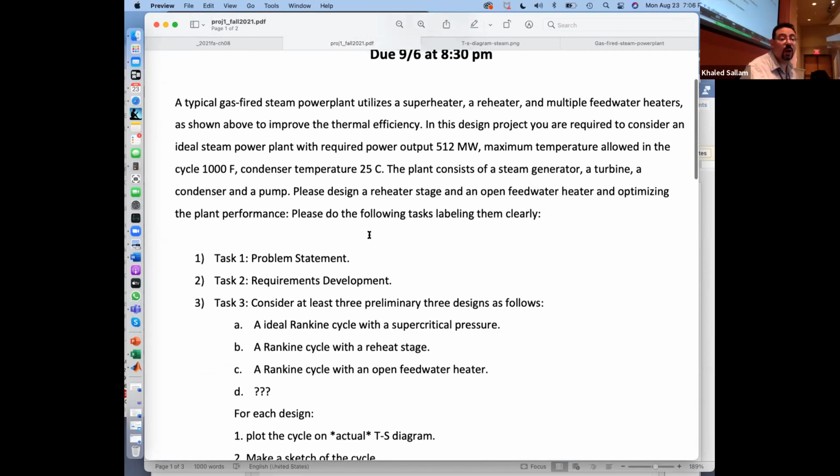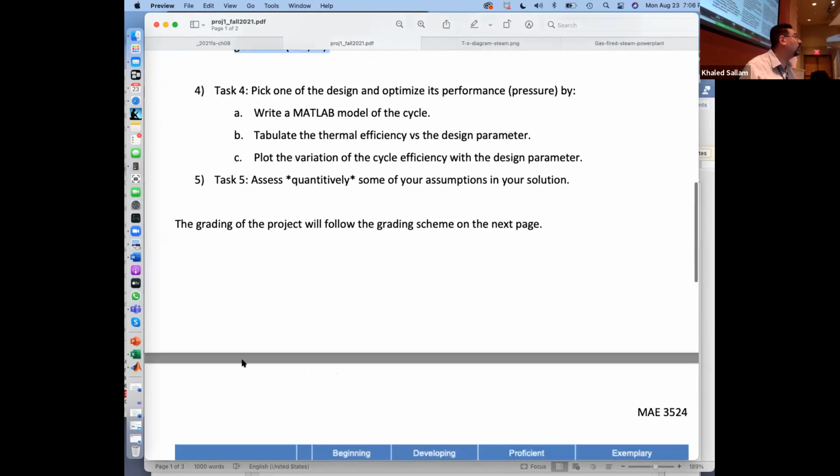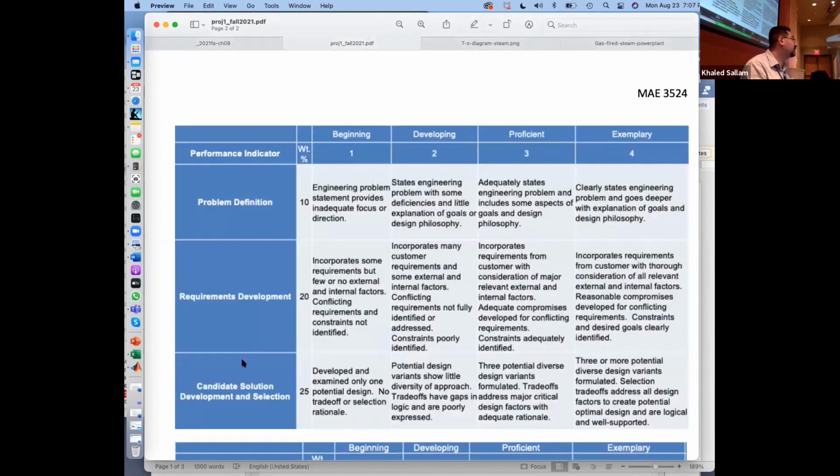Now, the requirement development, the thing that you needed to calculate but was not given, you have to come up with it. And usually you come up with it from design codes and environmental regulations. For example, one project that I give in energy conversion is to design a solar powered house.